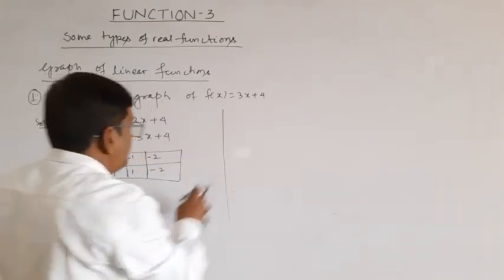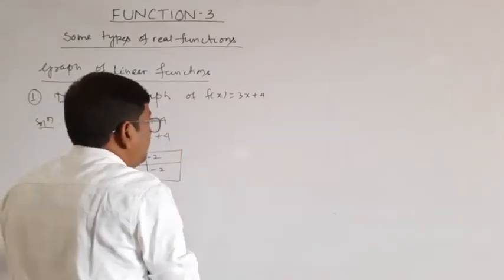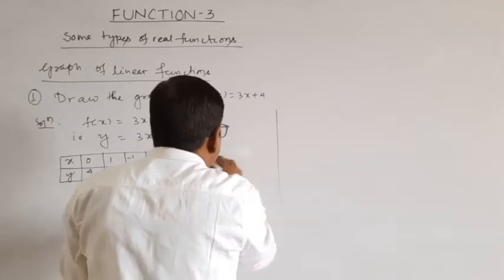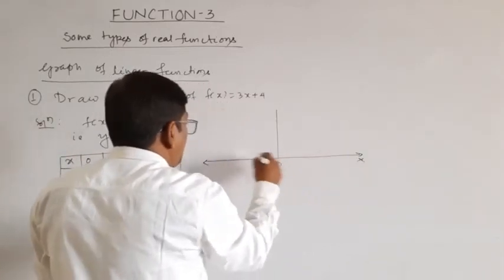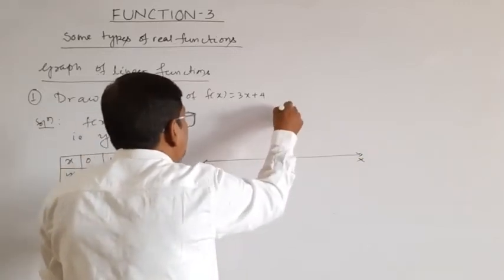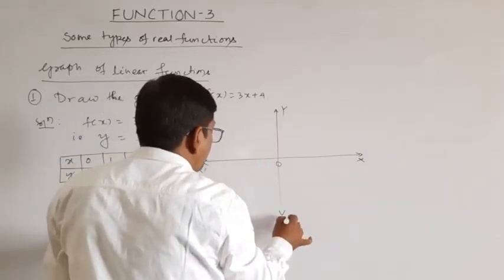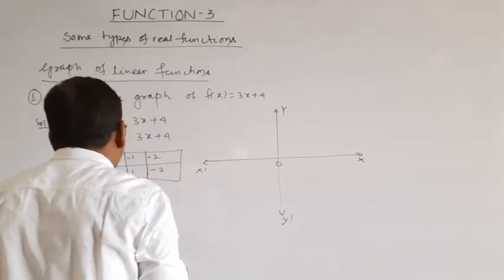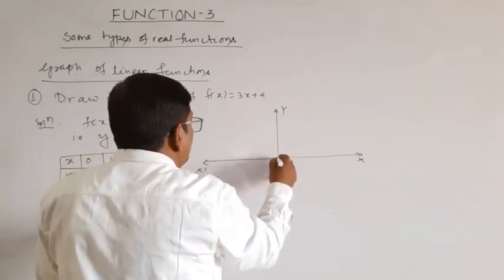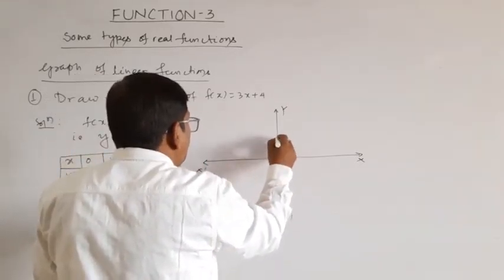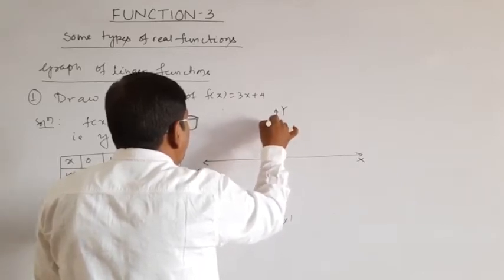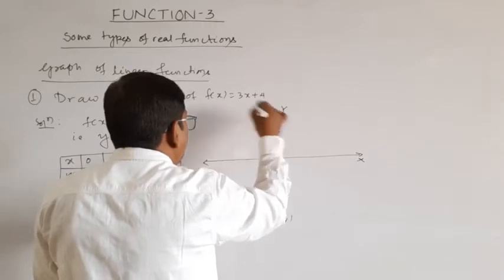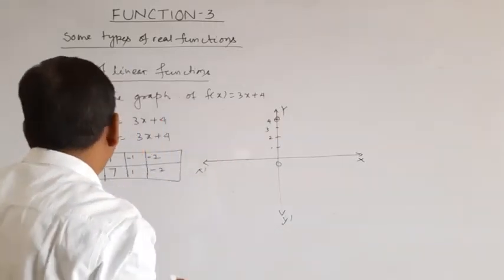The graph is like this. This is the x axis, x'ox, and this is y'oy. If x is equal to 0, then y is equal to 4: 1, 2, 3, 4. This is 0, 4.